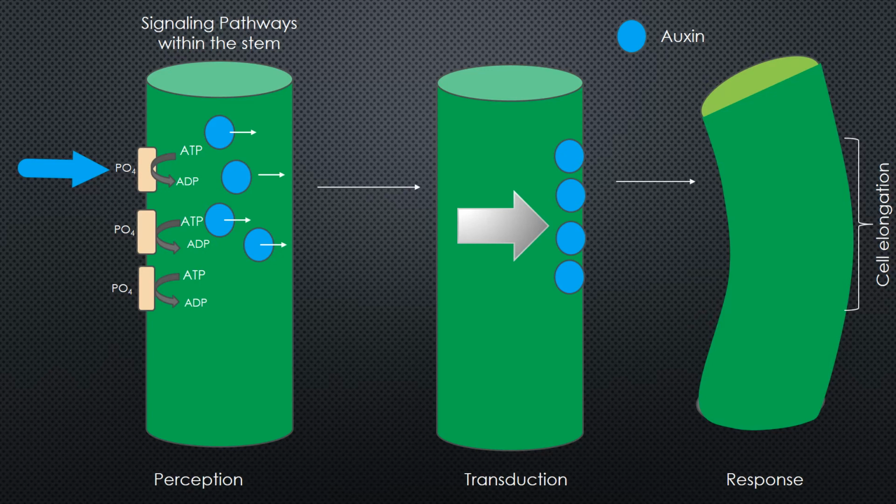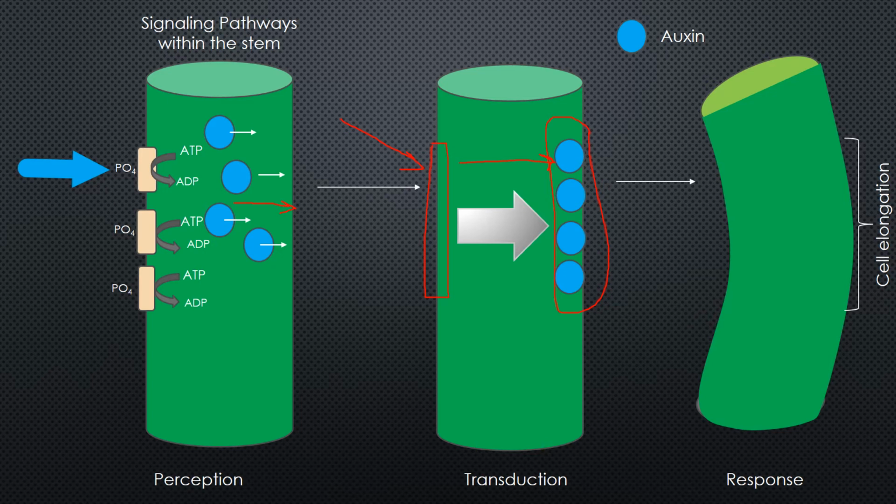When the PINs are activated, they are activated on one side of the cell so that we start to release auxin in one direction. As you can see from this diagram, once it's released, auxin begins to travel across the stem, and you'll notice that the concentration of auxin on this side of the plant is much higher than on this side. In our diagram here, this is the side that has been exposed to light.